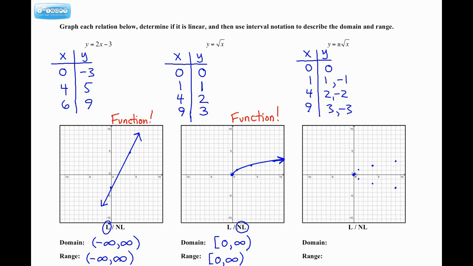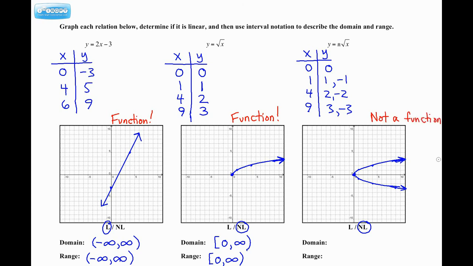So let's connect them as best I can. Something like that. It's a perfectly valid relation, but of course that's not a function. It's definitely nonlinear. I'll just put that up here right now: it's not a function, definitely not.